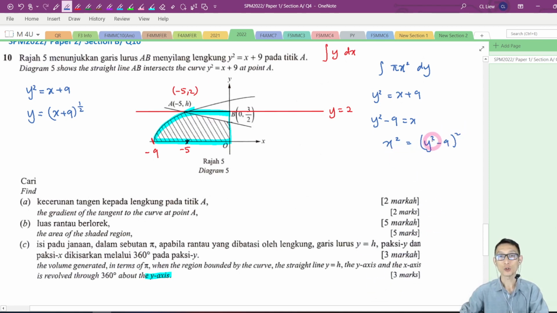Okay, so let me do some expansion for this one. So x squared is equal to, just use this formula, a squared minus 2ab plus b squared. Okay, this square you will get y power 4 minus 2 times this, 18 y squared plus 9 squared, which is 81. So now I know that x squared is equal to this.